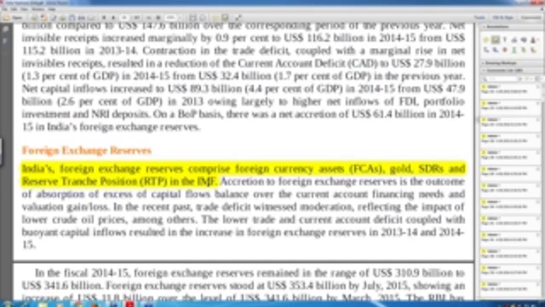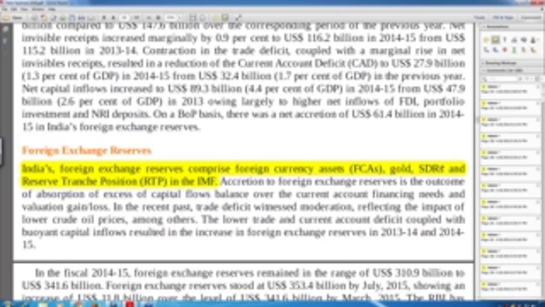What is the meaning of it? So you have foreign currency assets like euro, dollars and all. Gold you can keep, SDRs you can keep. These three you will see in economy.